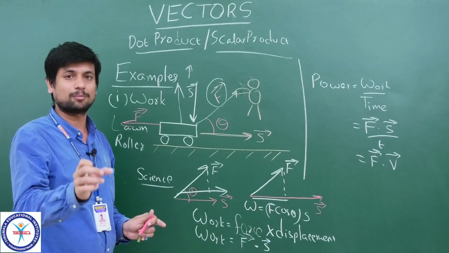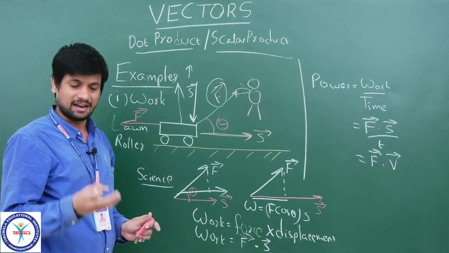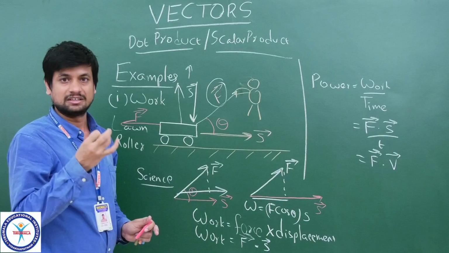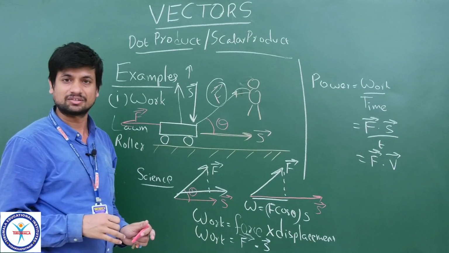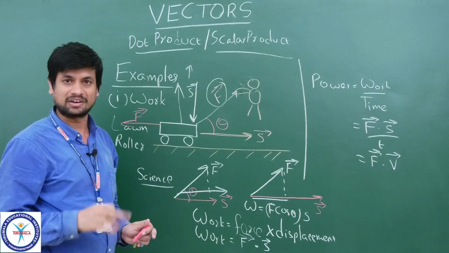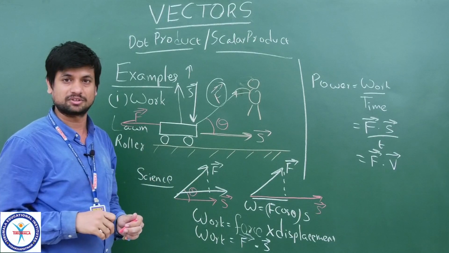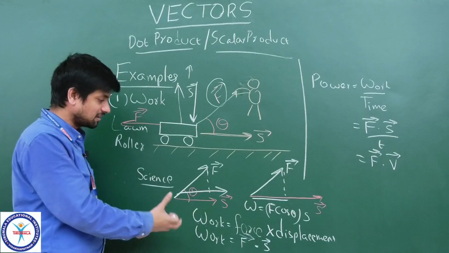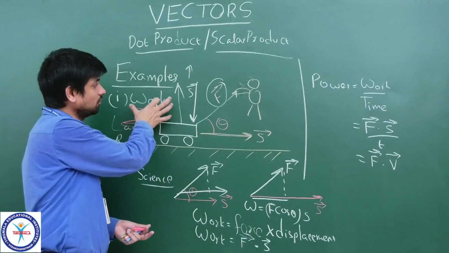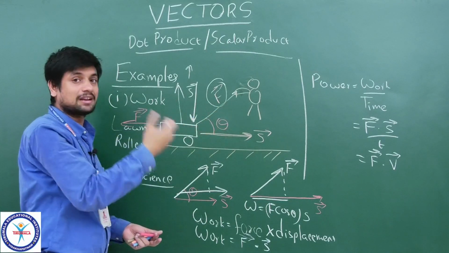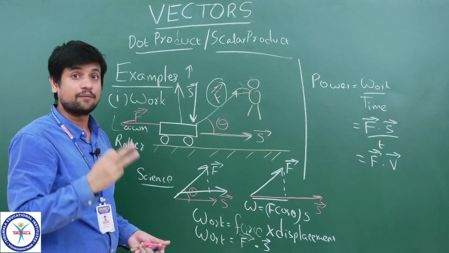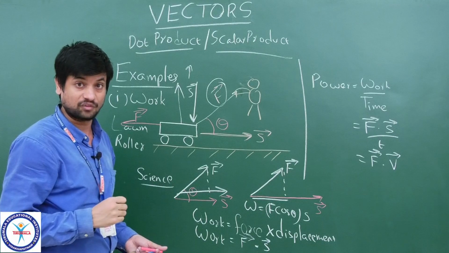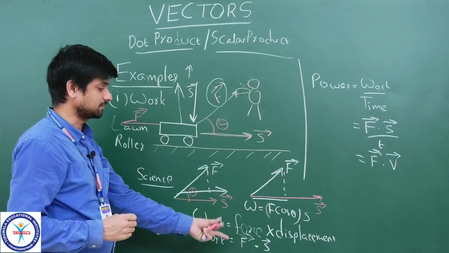When you do the vector problems, whether dot multiplication, cross multiplication, addition or subtraction of vectors, you will enjoy them compared with the problems of all the other chapters. Did you understand? Yes, but try to know the concept also. So these are examples where we obtain a new physical quantity from two different physical quantities when they are multiplied in this way.